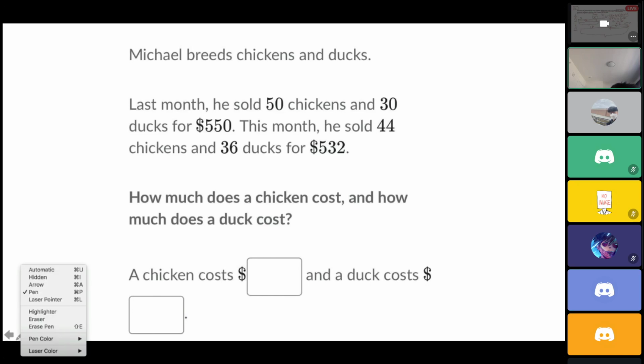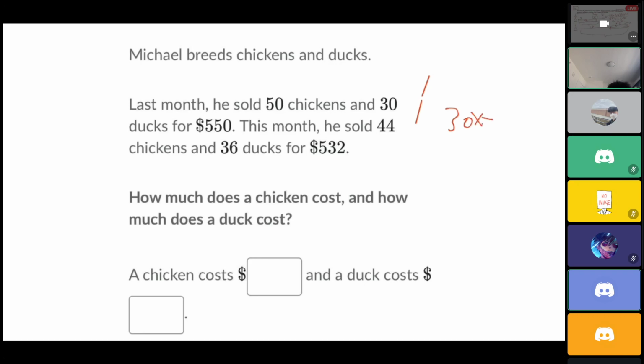So 50x plus 30y equals 550, and then the second equation is 44x plus 36y equals 532.